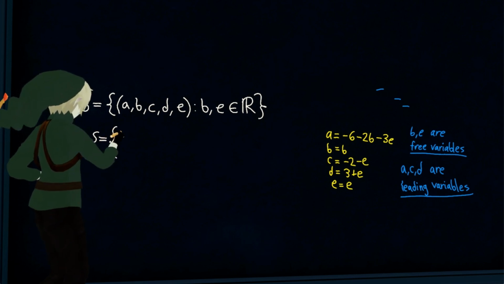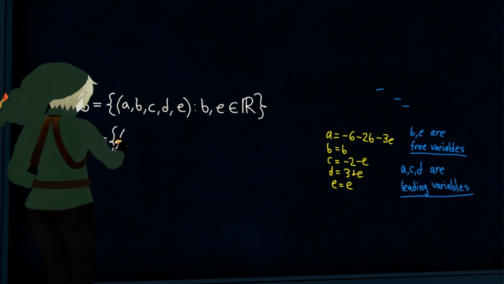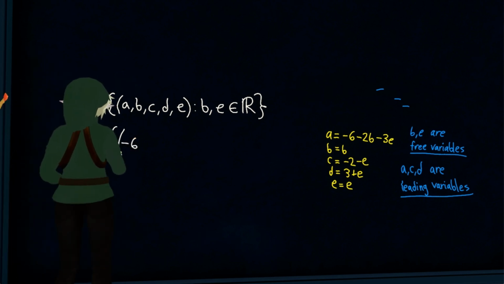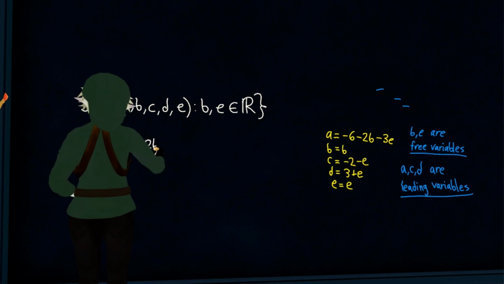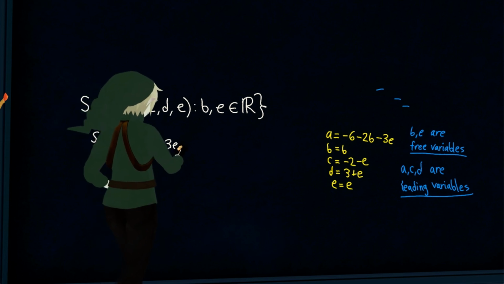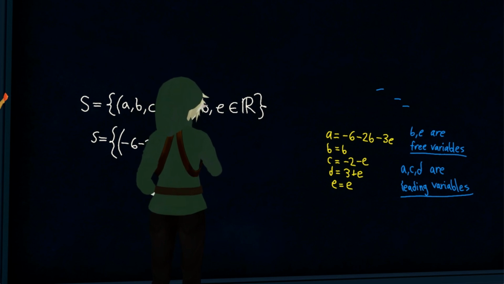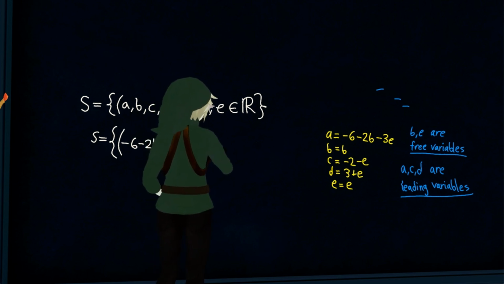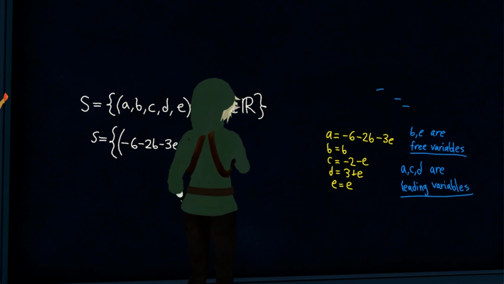So our solution, A, what is A? A very long expression. So A is equal to -6 minus 2B minus 3E. Okay. B is just B itself. C is -2 minus E. D is 3 plus E, or E plus 3, you can write it however you want.